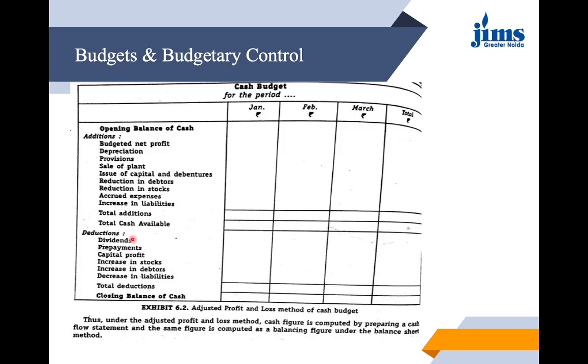Then we subtract the payments like dividends, prepayments if there are any, capital profit, increase in stocks, increase in debtors, liabilities, and finally we have the total deductions and obtain the closing balance of cash. So under the adjusted P&L method, cash figure is computed by preparing a cash flow statement, and the same figure is computed as a balancing figure under the balance sheet method.